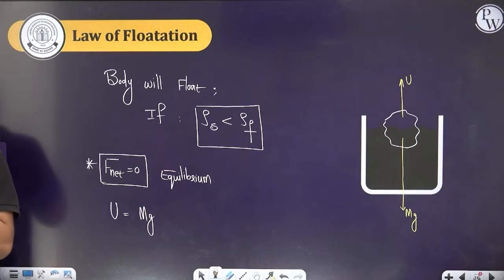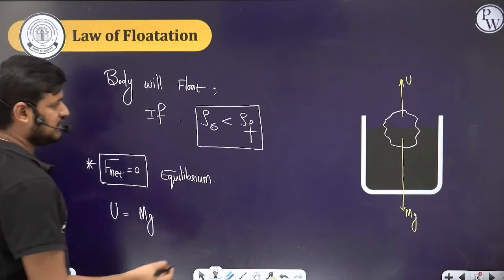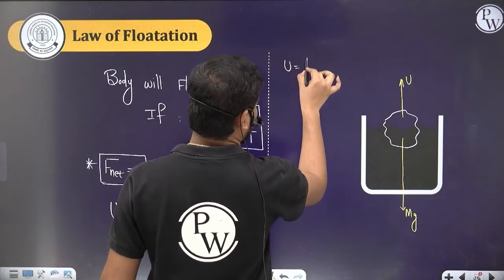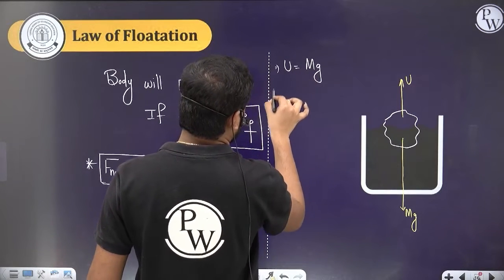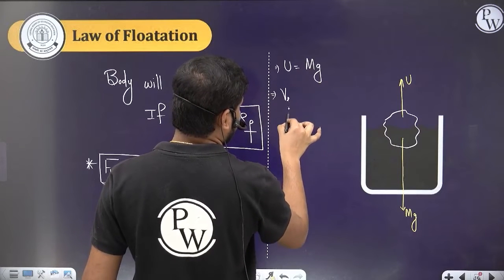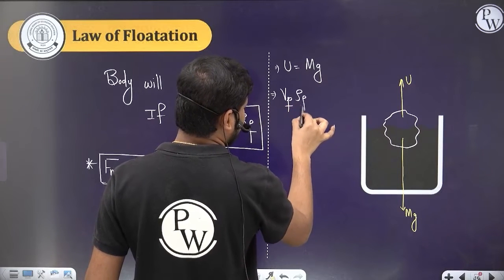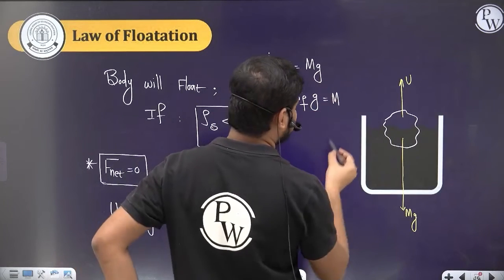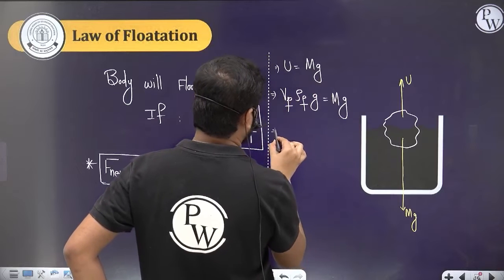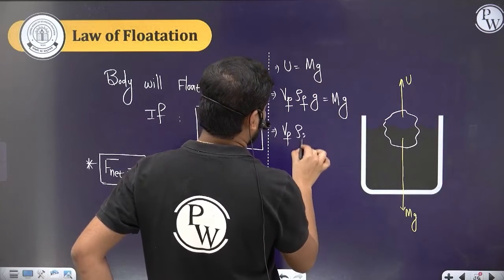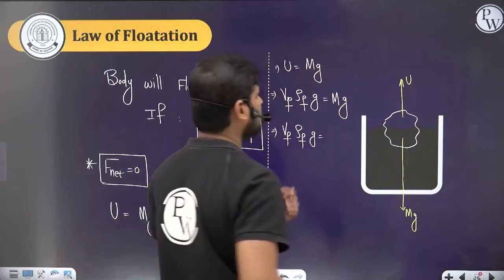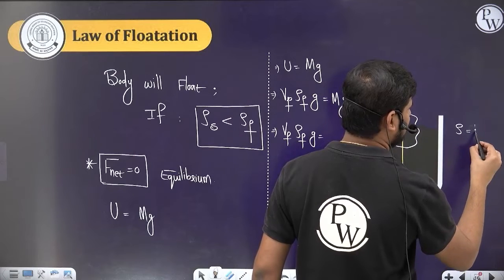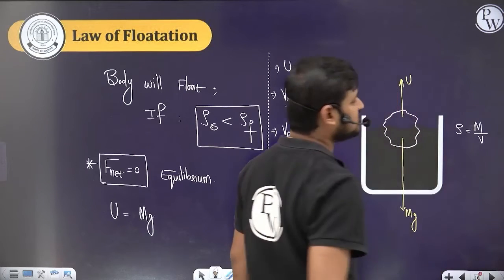What is the upthrust formula and what is the weight formula? I'll write here: upthrust equals weight. Just understand this slowly. Upthrust is the volume of the fluid displaced into the density of the fluid into g, equals the mass of the solid into g. So Vf rho f g equals the mass of the solid. Let the density of the solid be rho s, which equals mass upon volume.